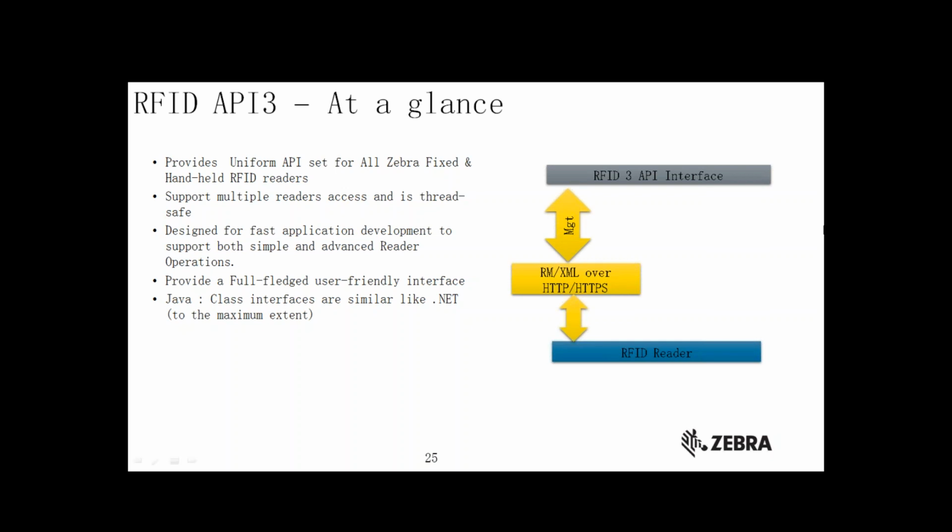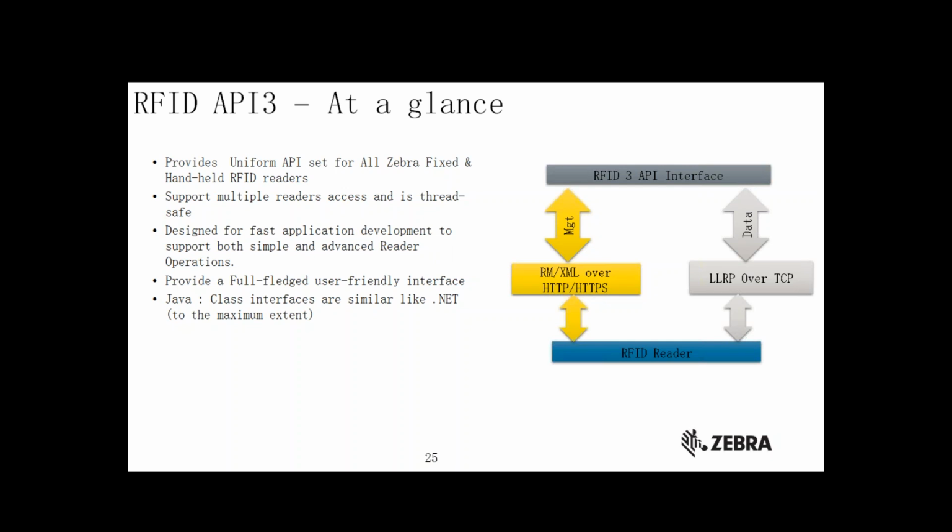Now, the way this works is that the RFID API is sending the data over XML, over HTTPS, to the RFID reader. At the same time, it's also sending the data back and forth over LLRP, over TCP. So what the RFID3 API set allows you to do is have much tighter control over what you can do with the reader.